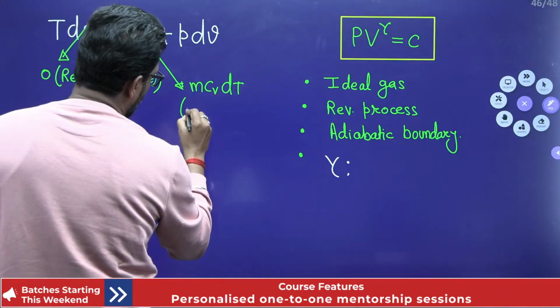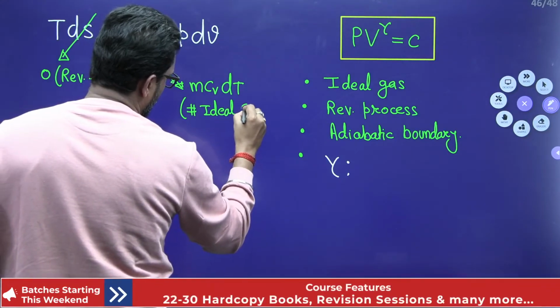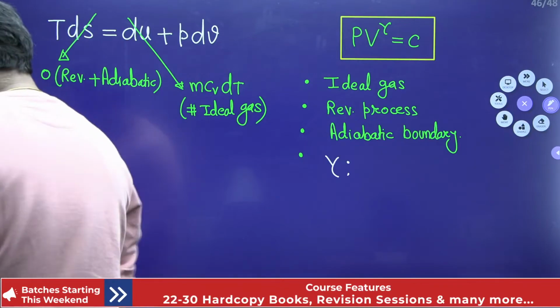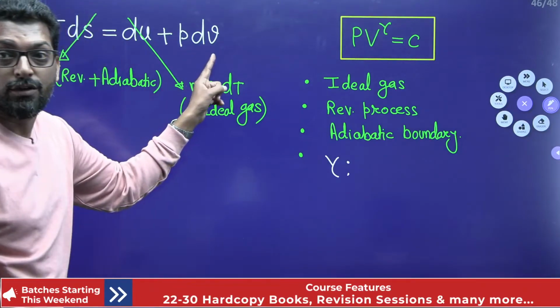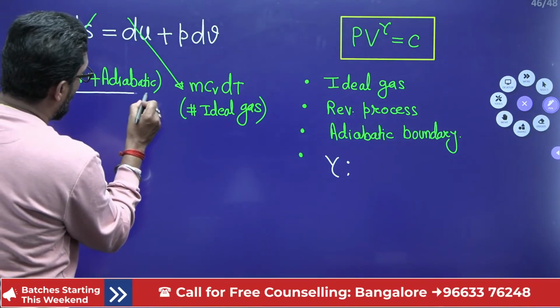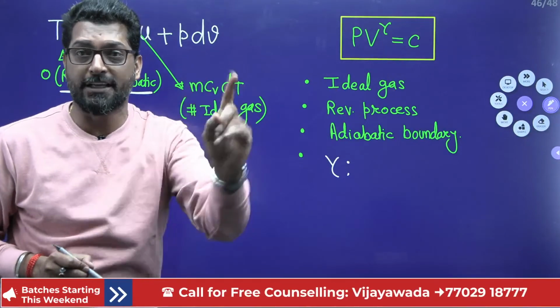Why? Ideal gas. This is for ideal gas. In that condition, we can apply this equation. This is a reversible adiabatic, not polytropic, my dear. This equation is not applicable for the polytropic. Mind it, Pratik.